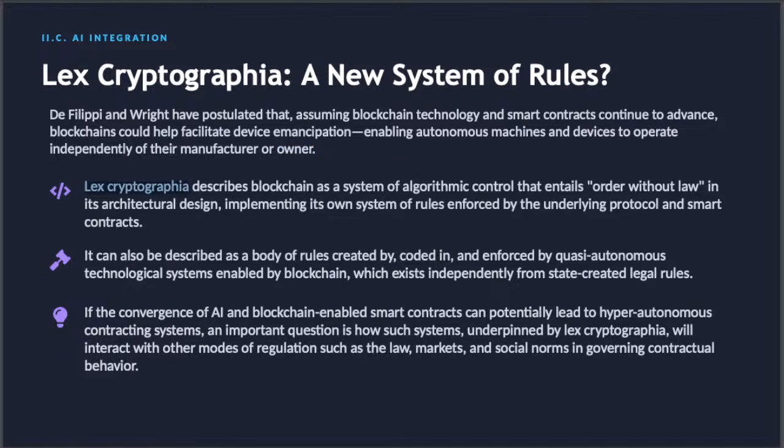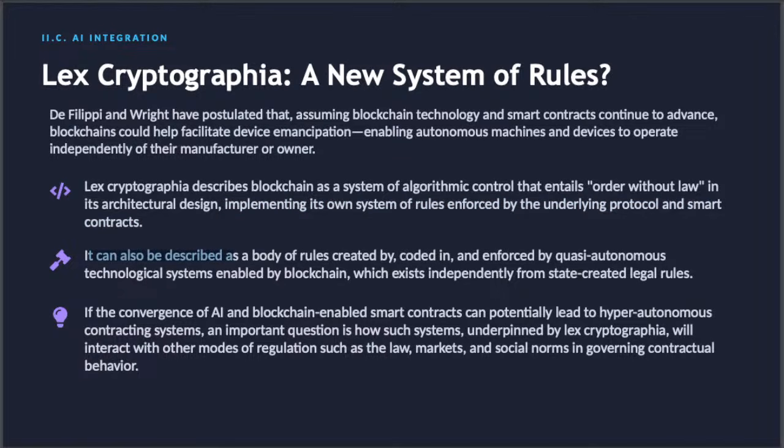Lex cryptographia describes blockchain as a system of algorithmic control that entails order without law in its architectural design, implementing its own system of rules enforced by the underlying protocol and smart contracts.